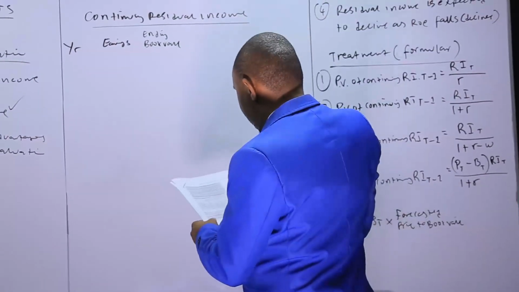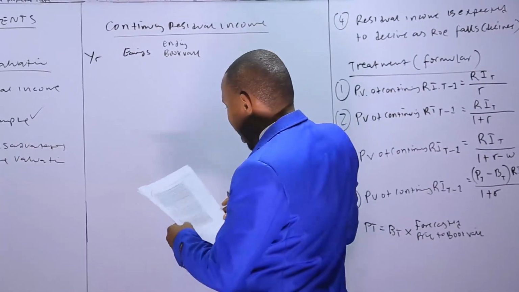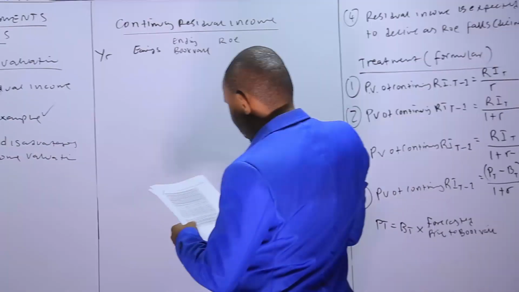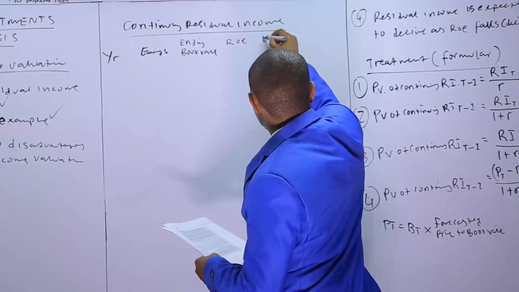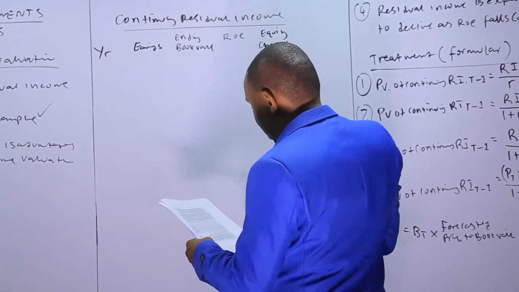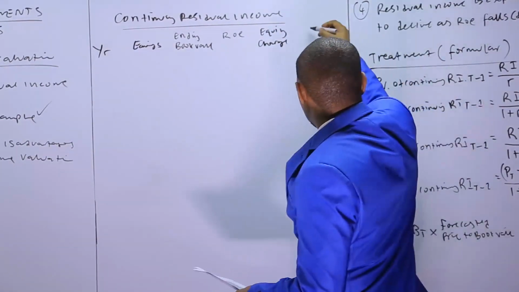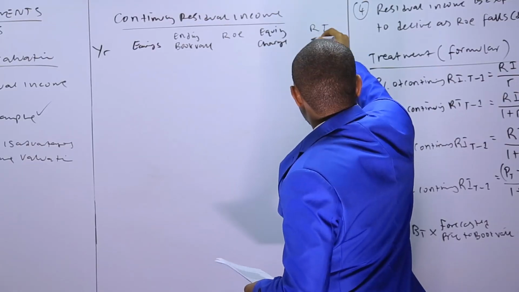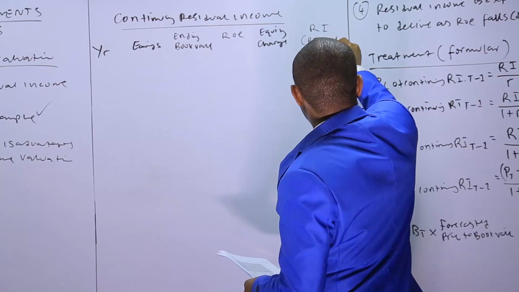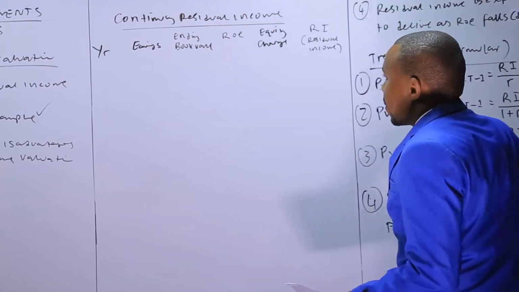Once we have the ending book value, I can see we've been given the ROE, or return on equity. There, the component of ROE is given. Then the equity charge is given to us there. Then the residual income, RI, given to us there.